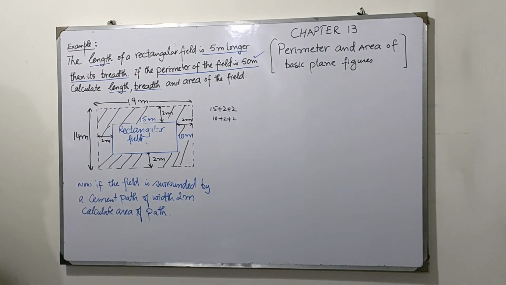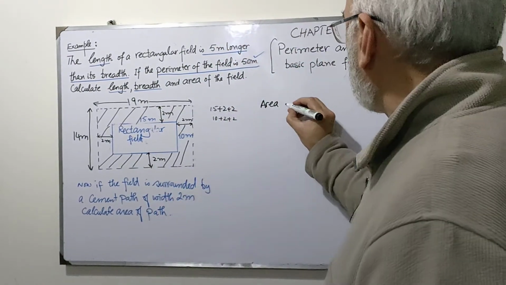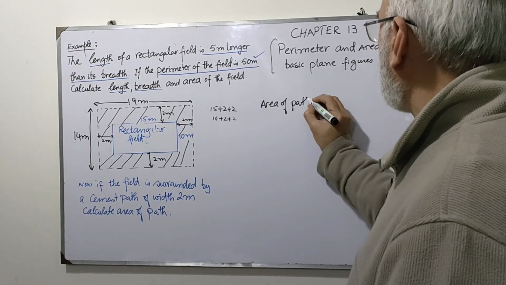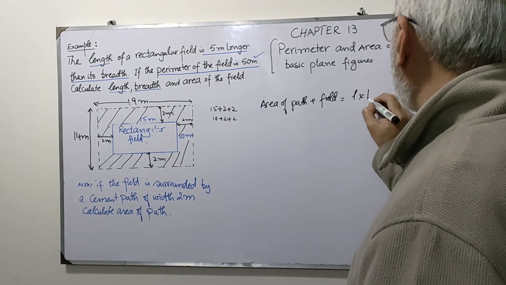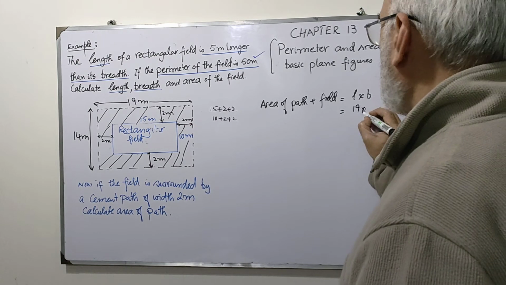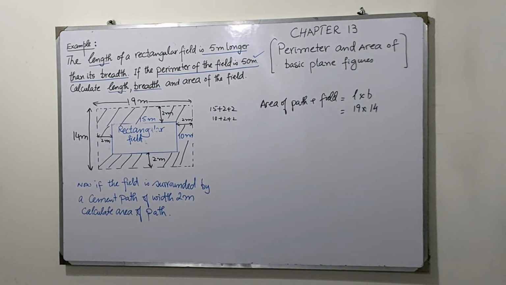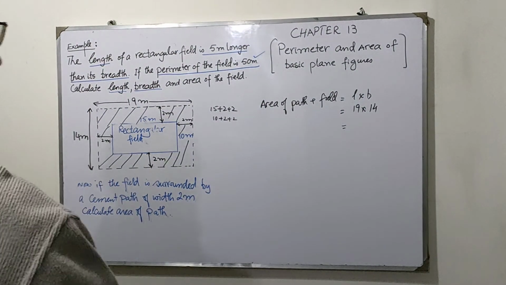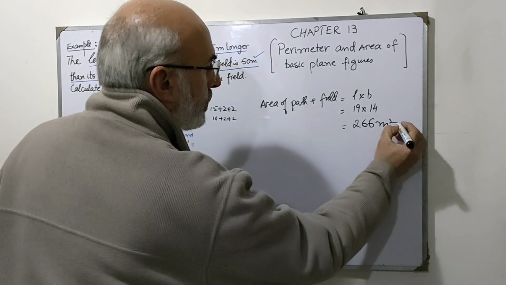Now we have length and breadth. So let's calculate the area of path plus field, which is equal to length into breadth, which is 19 into 14, and this is 266 meter square.